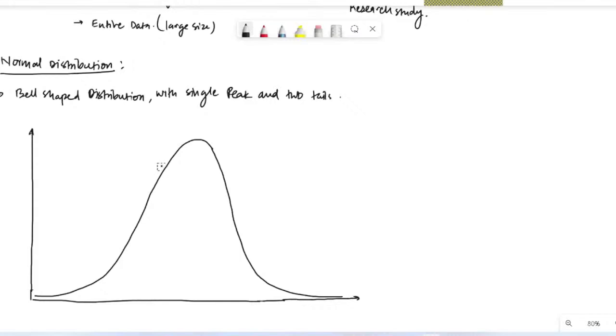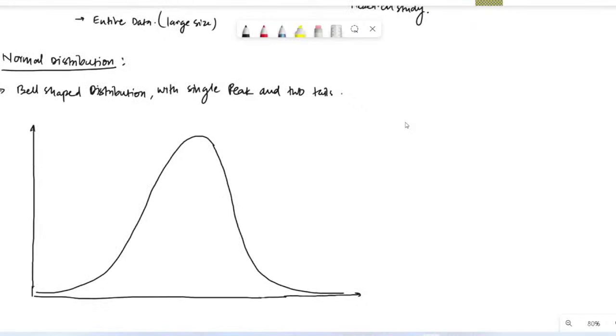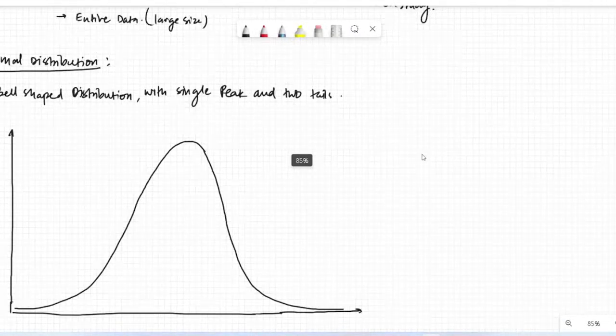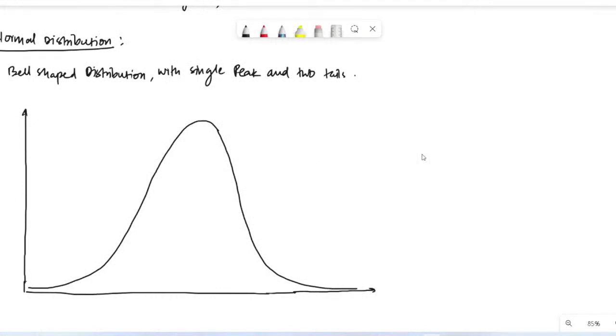How does this distribution look, and what is its importance? This is again the same range thing and histogram that we learned, where we have different range values. You can imagine this as scores.